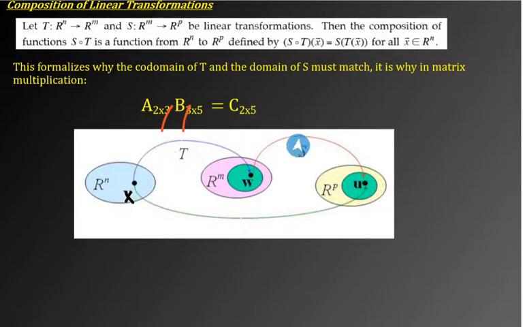And this is the standard picture you should think of: this vector maps to here, and then S takes all the things in Rm, and this is in the range inside of the codomain of T, and maps it over here.